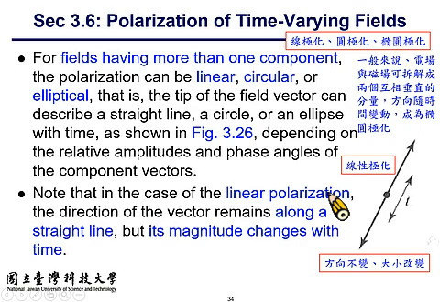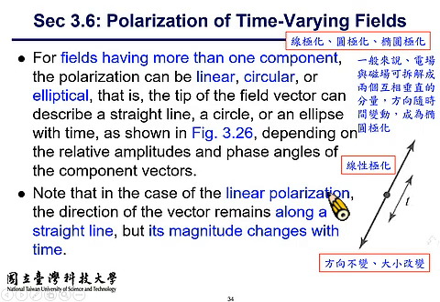Elliptical polarization is the more general one. And you can say that both the linear polarization and circular polarization are special cases of the elliptical polarization. So the elliptical polarization can include the linear polarization as well as the circular polarization, which is the more general case.